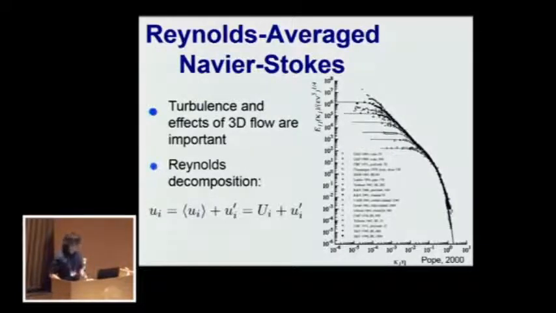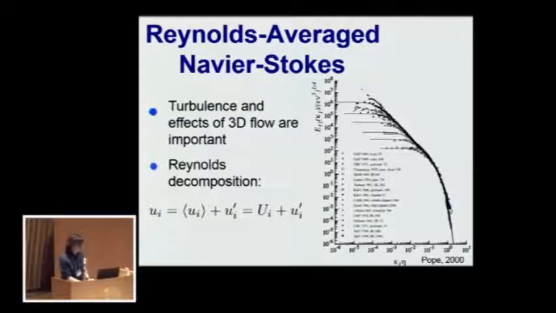The most basic type are the so-called RANS models, Reynolds-Averaged Navier-Stokes, in which you use a statistical decomposition, the Reynolds decomposition, to end up with an equation that contains derivatives of correlations of velocity fluctuations, and you need a statistical turbulence model to represent how these behave.